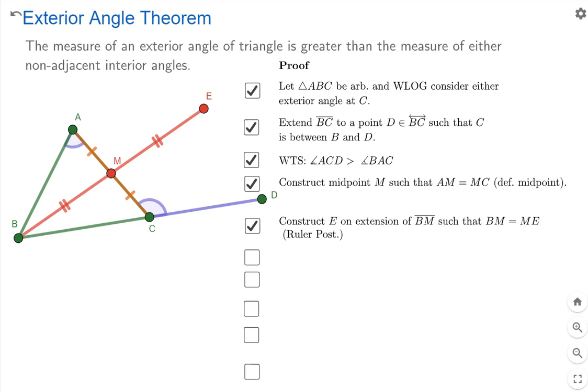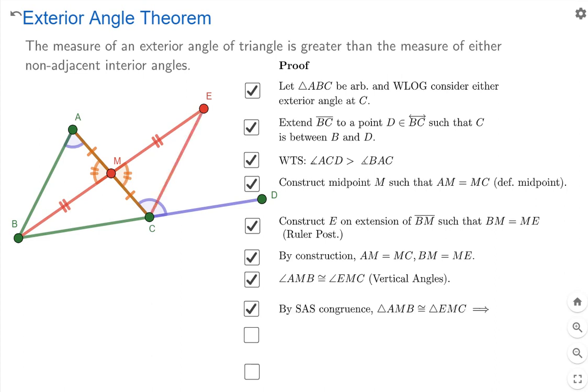So what we're doing now is extending the segment BM out to a point E to make sure that the point E is exactly the same distance away from M that B is from M. And then by construction, since M is the midpoint, BM is equal to the distance ME and AM is equal to the distance MC. Which means that after we get the vertical angles congruent, we have SAS congruence.